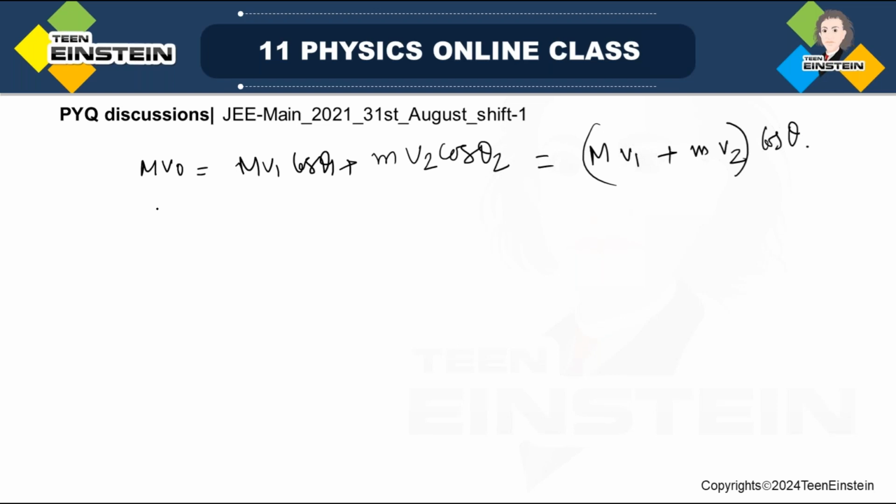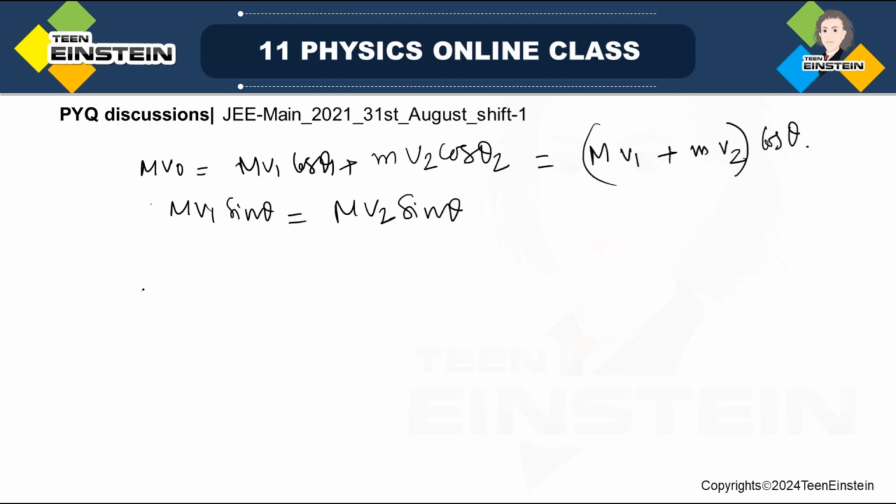Applying conservation in the vertical direction, we have Mv1 sin theta equal to mv2 sin theta. So these are two equations.